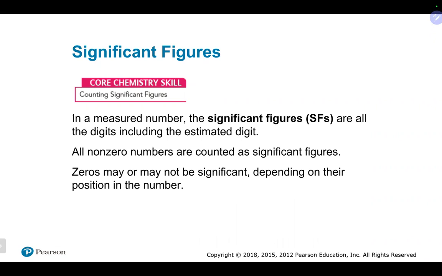All non-zeros are significant. So all non-zero numbers are significant. And that, frankly, is where you start counting. You go left to right, and as soon as you hit the very first non-zero, that is where you should start counting your significant figures. It is zeros that sometimes can be significant, sometimes they're not. So let's talk officially about each of these. Let's start with the non-zero numbers.